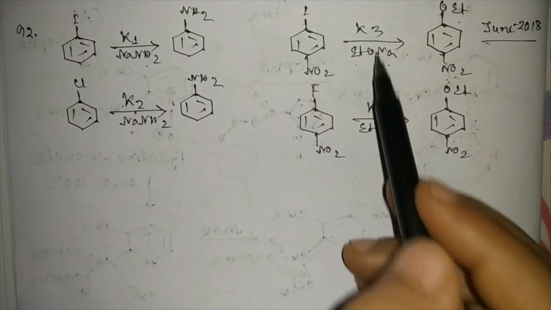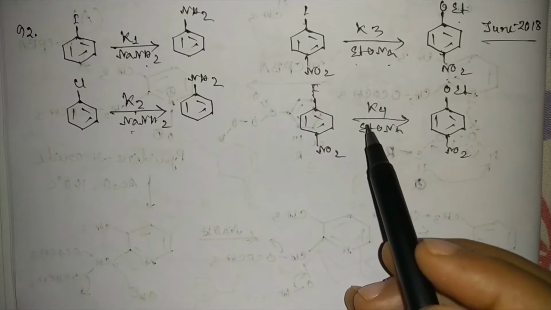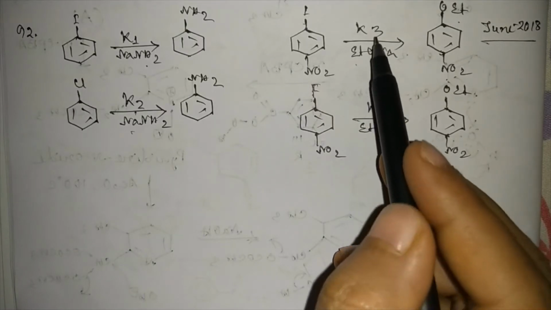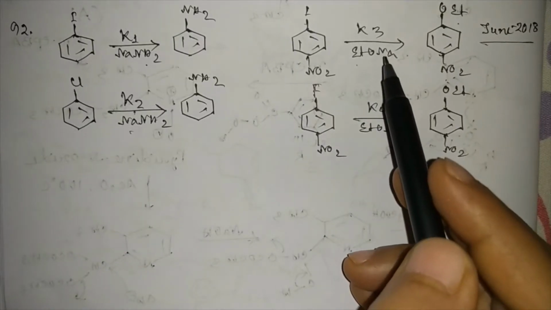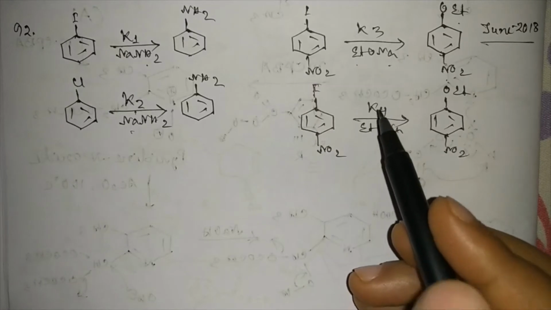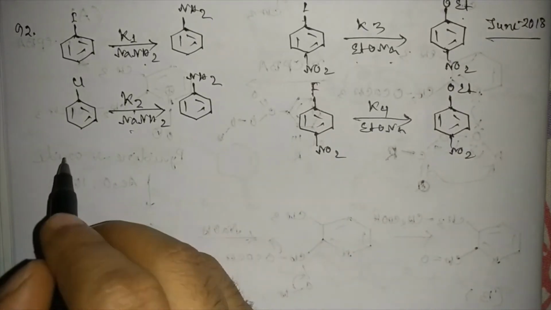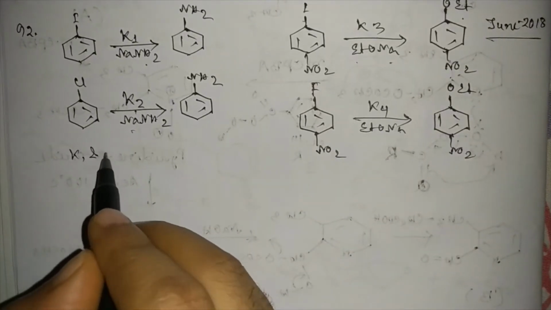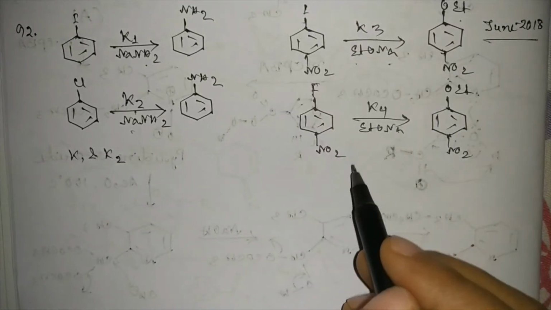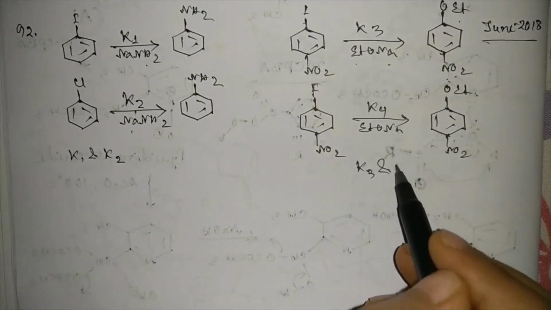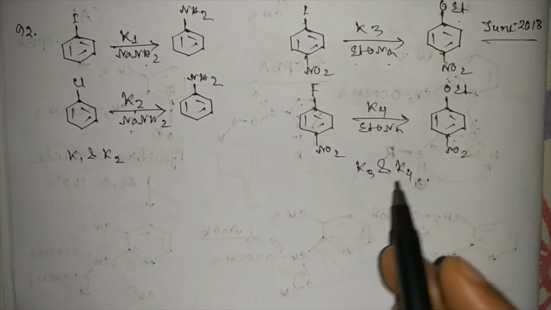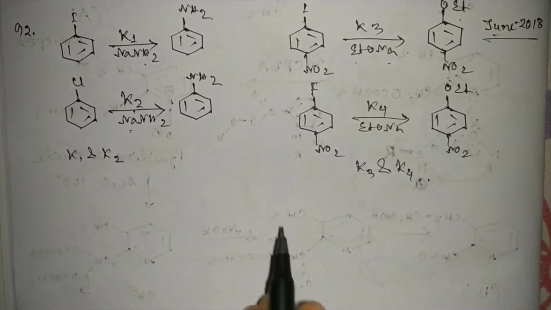The rate constants of these two reactions are K3 and K4. So we have to determine whether K3 is greater than K4 or K4 is greater than K3. So what is the relation between K1 and K2, and between K3 and K4? This question came in June 2018.